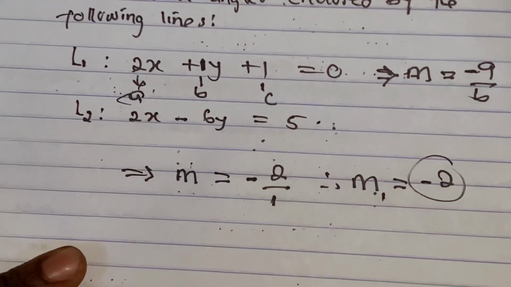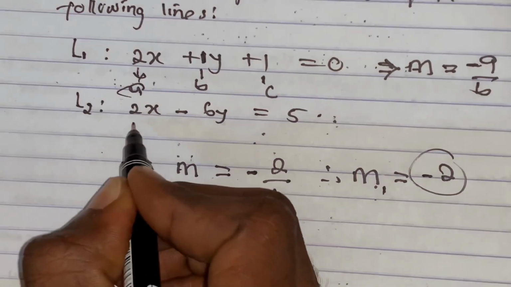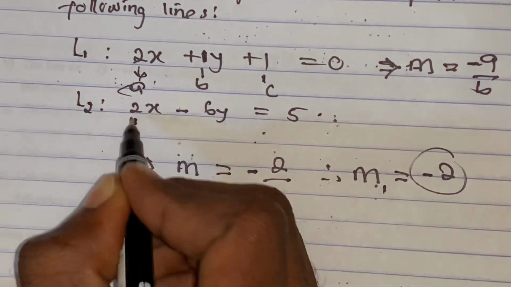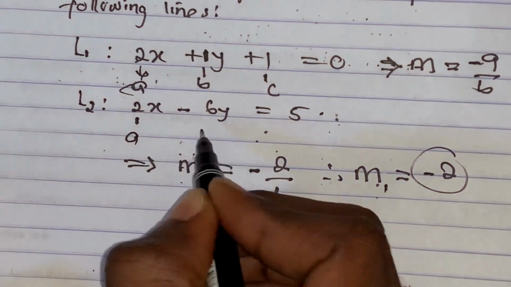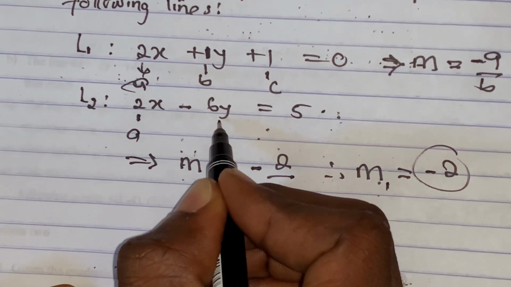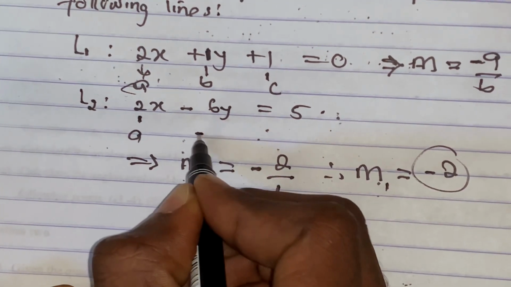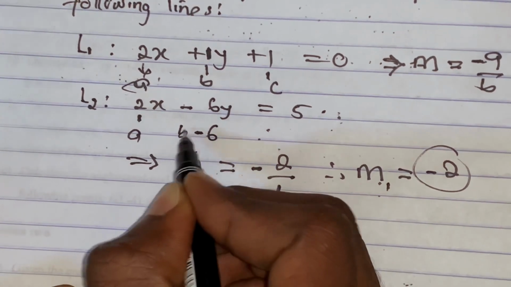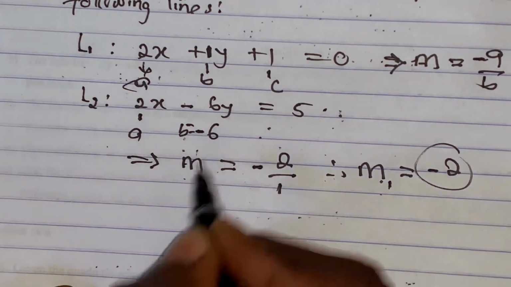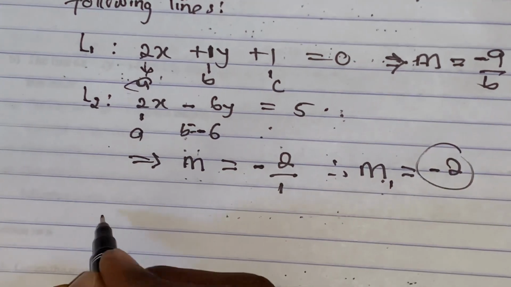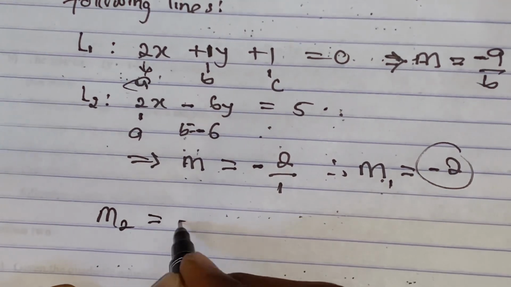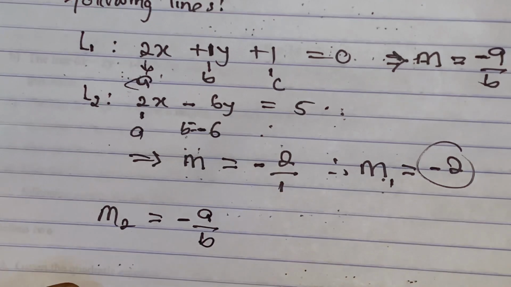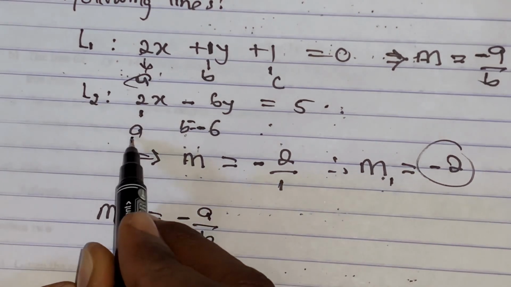Let's name this as m1. And from the second line, we can find m2. a is the coefficient of x, which is 2, and the coefficient of y is b, which is negative 6. So now we put this into the formula, m2 equals negative a divided by b, and a is 2.